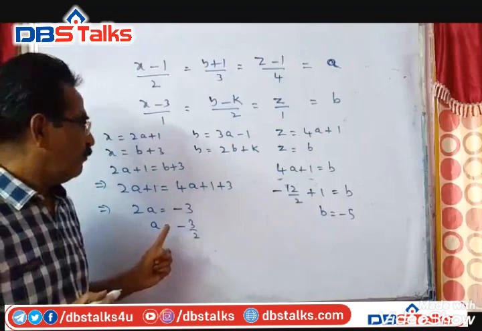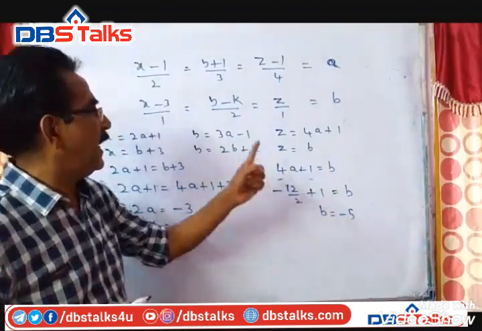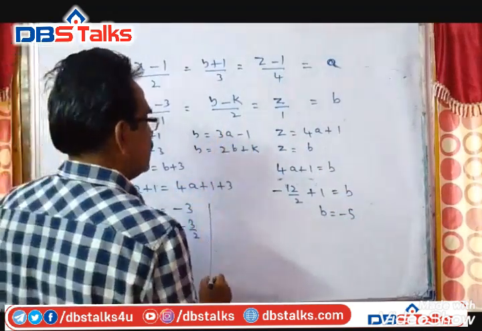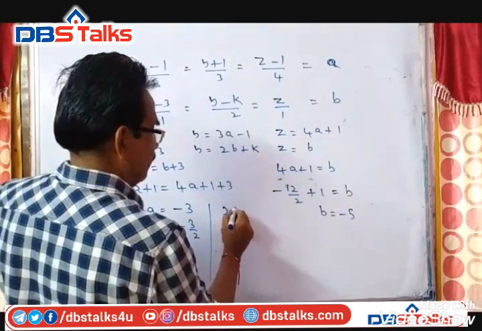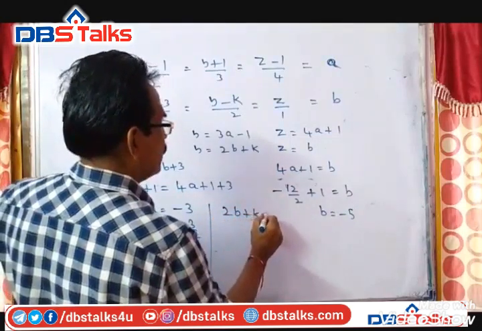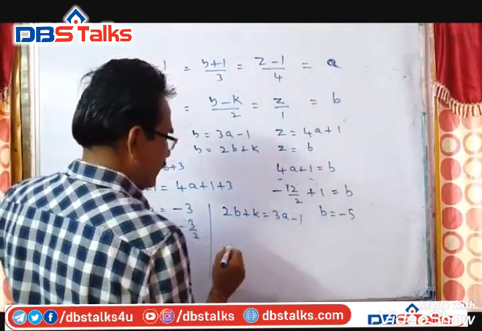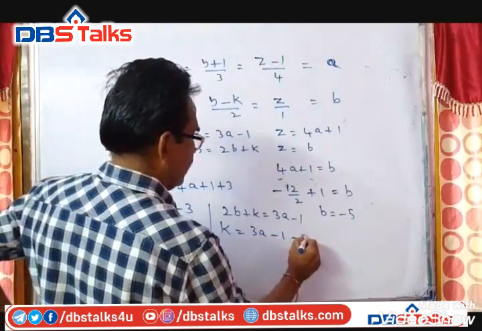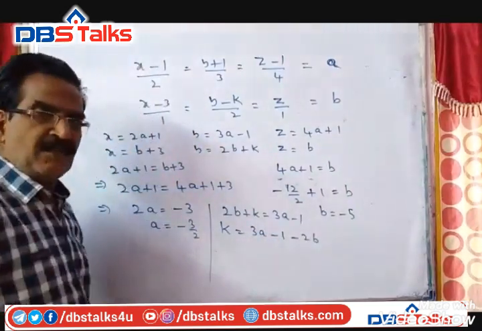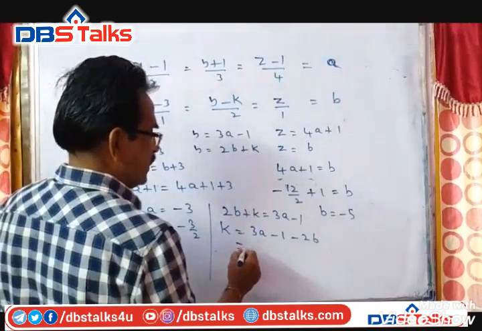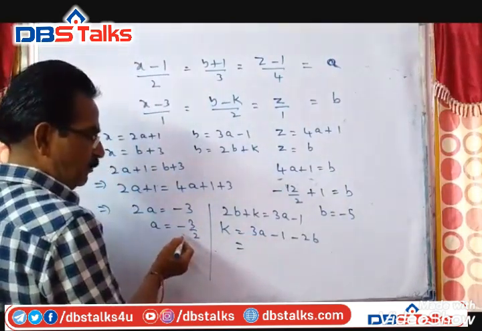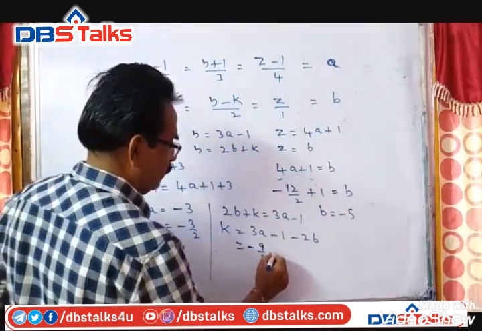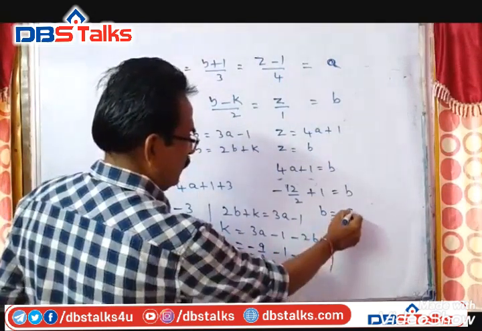So we know a, we know b, and by equating these two we can find k. Okay friends. So 2b plus k is equal to 3a minus 1. K is equal to 3a minus 1 minus 2b. So this is equal to 3 into minus 3 by 2, minus 9 by 2, minus 1 minus 2b.